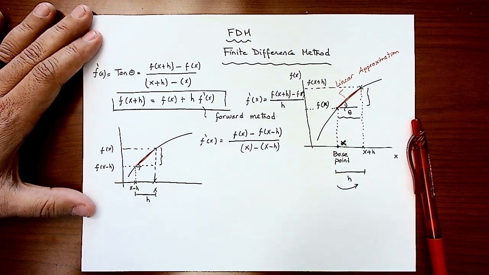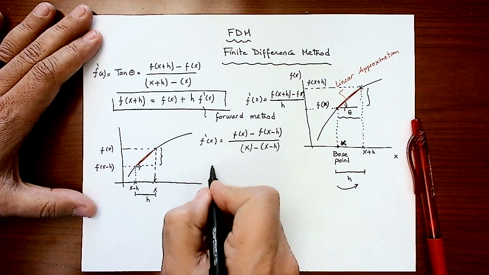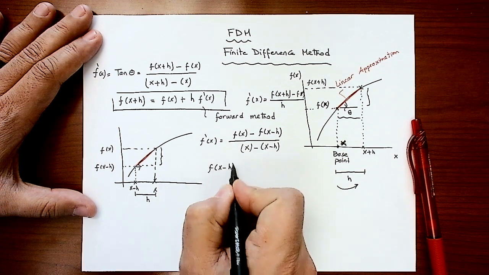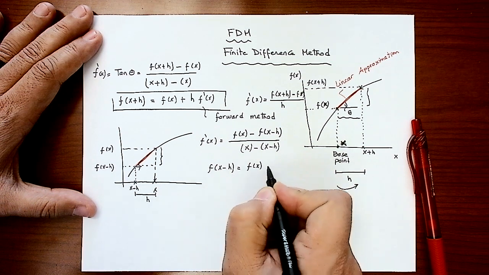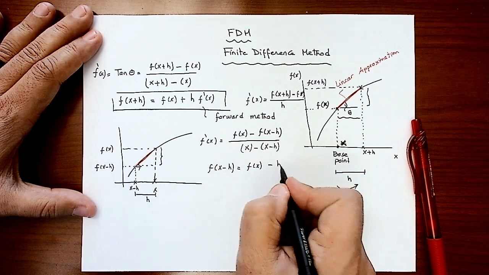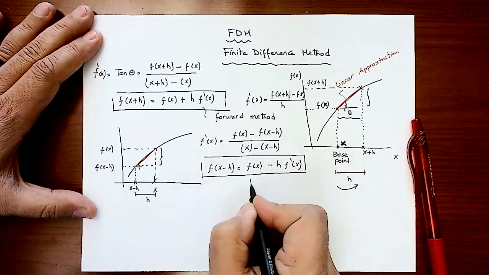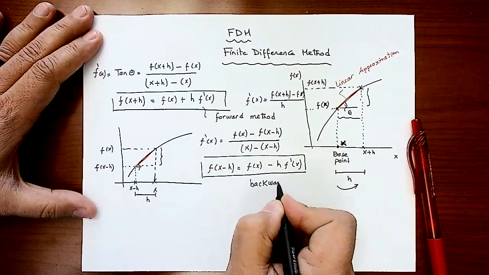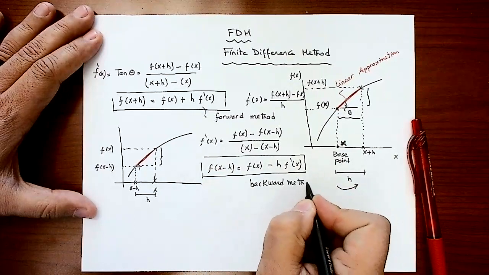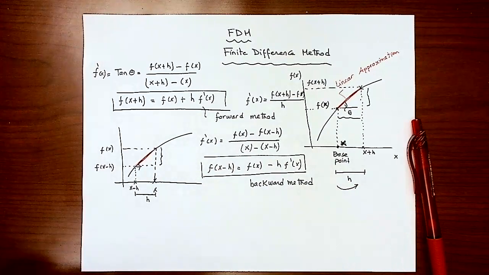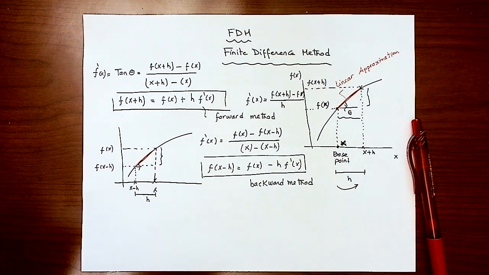So if I do that, what I'm getting out of this is f of x minus h is equal to f of x minus h f prime of x. So we call that the backward method because you constructed the linear relationship using the base point and a point backward to that base point. So you can use a forward point, which we call the forward method, or you can use a backward point, which is called the backward method.